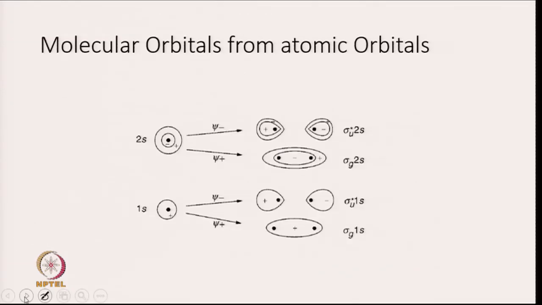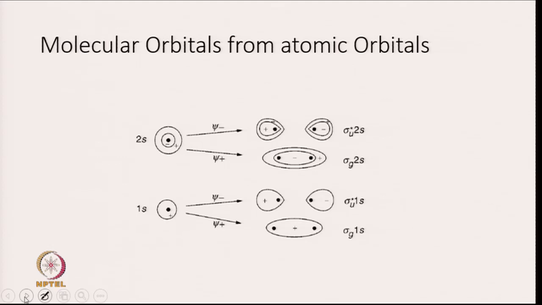So, now we know that two atomic orbitals combine to give two molecular orbitals. Let us take orbitals one by one and see which kind of molecular orbitals we can get from different atomic orbitals. For example, if we take the 2s orbital, they will combine to give you two molecular orbitals: one is sigma g and this is sigma u star.